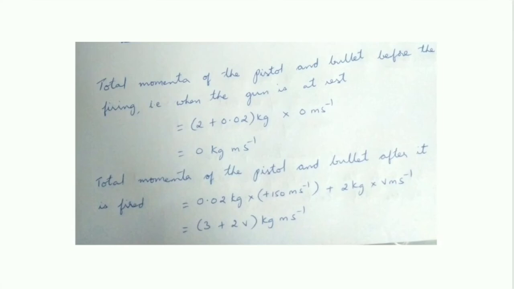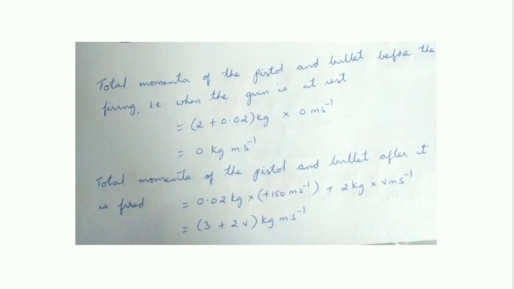Now we will find the total momenta of the pistol and the bullet after the firing. Here also we use the formula for momentum, mass into velocity. This equals 0.02 kg into plus 150 meters per second plus 2 kg into v meters per second.